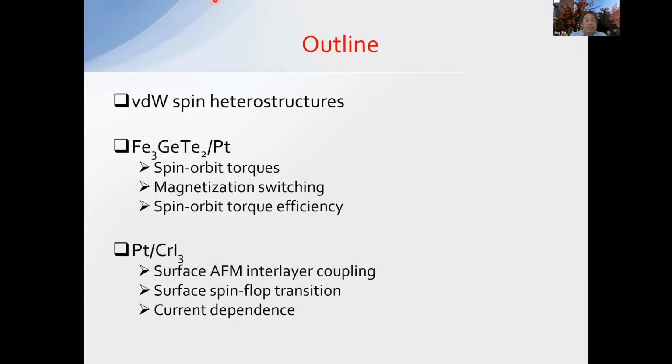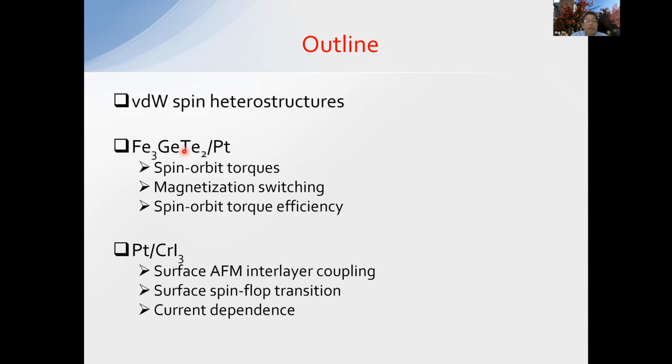Okay, so just a brief outline. I'm going to briefly mention these van der Waals spin heterostructures. In fact, in my talk, I'm going to talk about so-called half van der Waals spin structures, because I'm going to just mention this half, okay, so this heterostructure here: iron germanium telluride with a heavy metal, platinum.